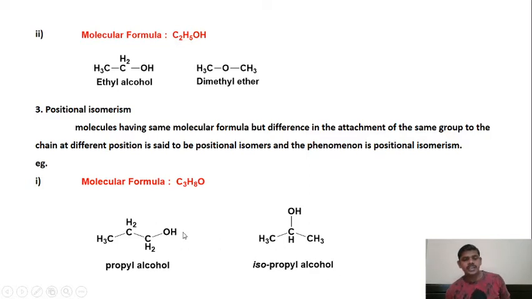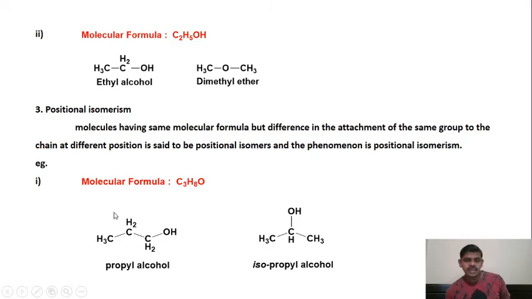In both examples the functional group is the same, that is alcohol, but the arrangement of the alcohol is different in the two compounds. Here it is attached to a straight chain and here it is attached to the middle carbon of the chain.